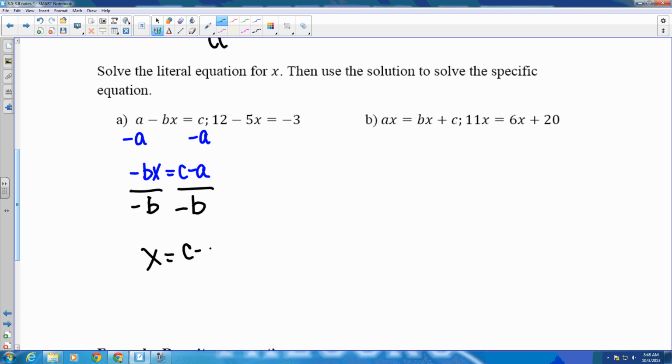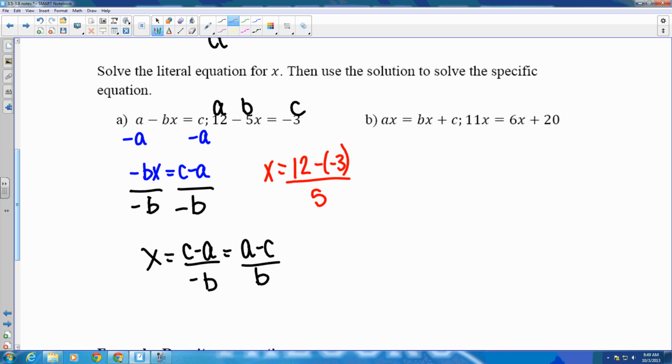X equals c minus a over negative b. Or we can actually switch everything around and not have a negative on the bottom. It's a minus c over b. These are going to be the exact same. So identifying a, b, c, x equals 12 minus negative 3 over 5, which is 3.